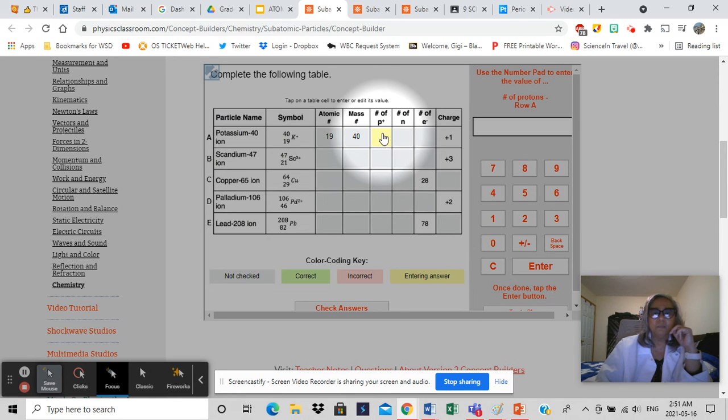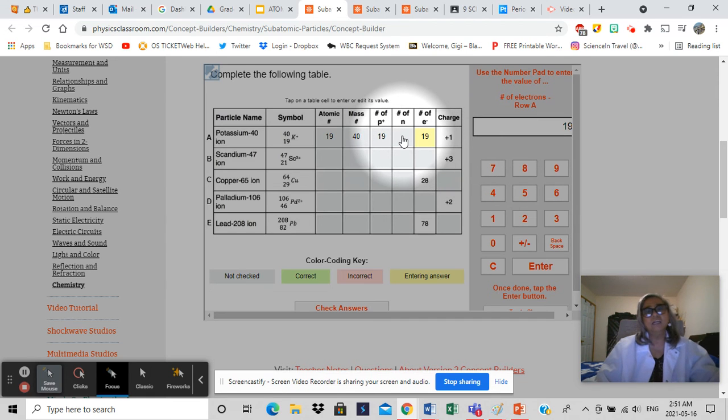And how do I get the number of protons again? Yes, the number of protons is equal to the atomic number and also equal to the number of electrons here. So this should also be 19.